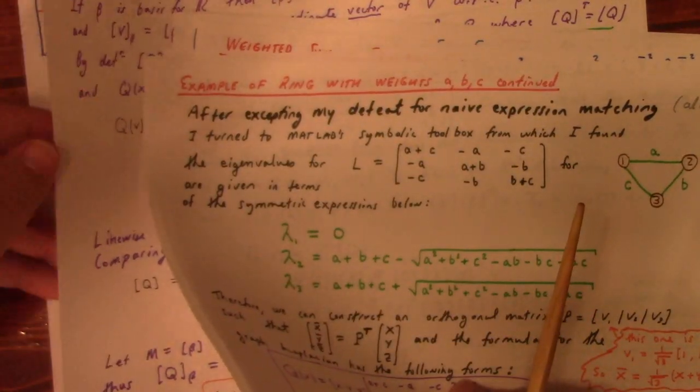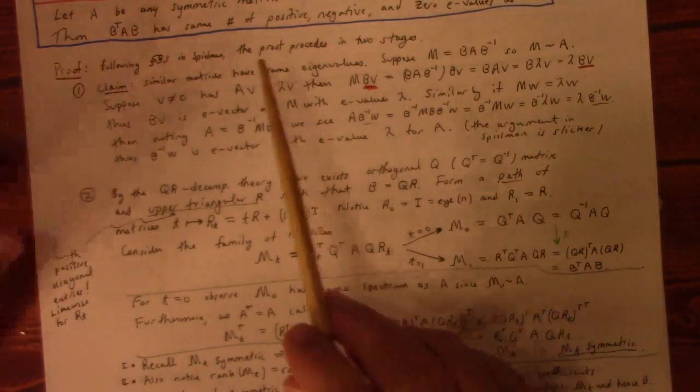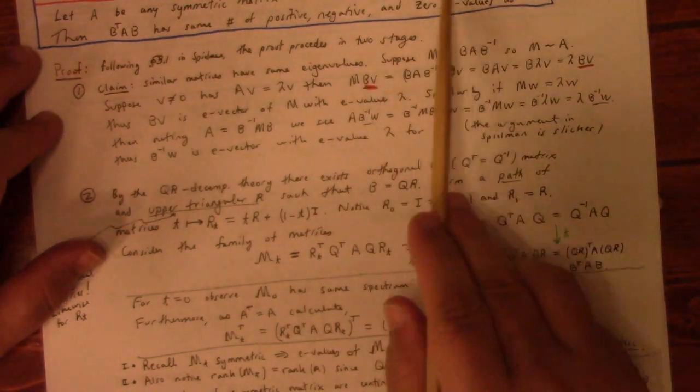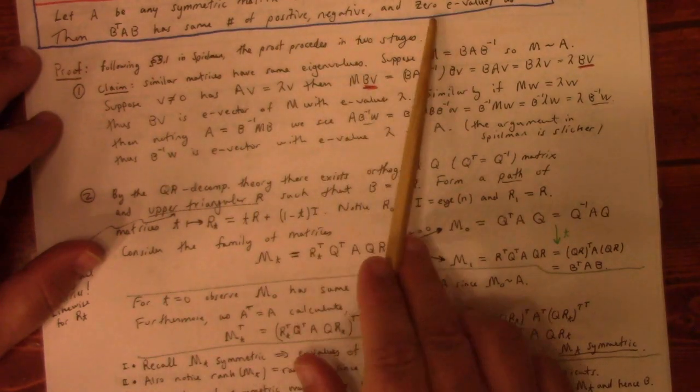But that's not a problem because they aren't related as needed to apply Sylvester's theorem, because Sylvester's theorem, remember, says that if A is any symmetric matrix and B is any non-singular matrix, then B transpose AB has the same number of positive, negative, and zero eigenvalues.